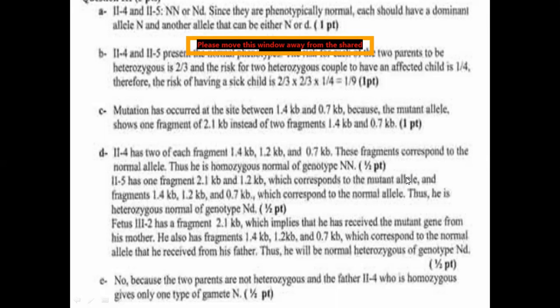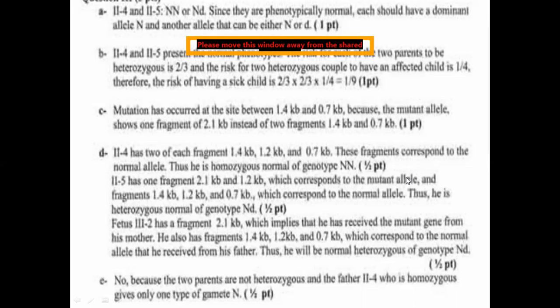For each of the two parents to be heterozygous, the probability is 2 over 3, as we said before. For the father, 2 over 3. For the mother, 2 over 3. And the probability for the child to be affected is 1 over 4. So 2 over 3 times 2 over 3 times 1 over 4 will be 1 over 9, as we did.